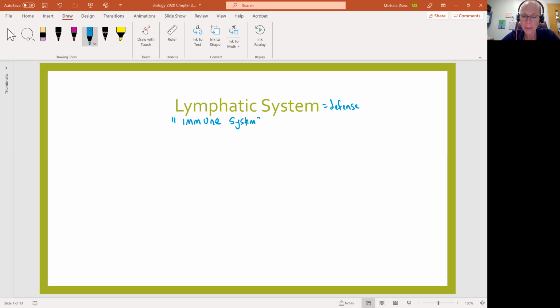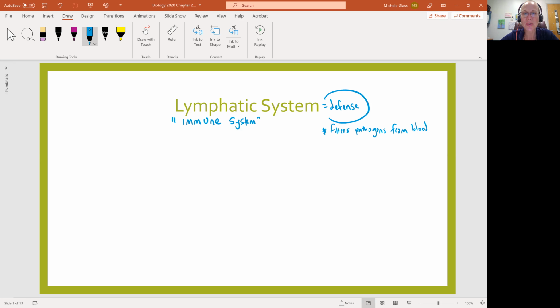When we talk about defense, what we can really say is that we're going to be filtering pathogens from the blood. So this is, I think, the primary job of the lymphatic system.